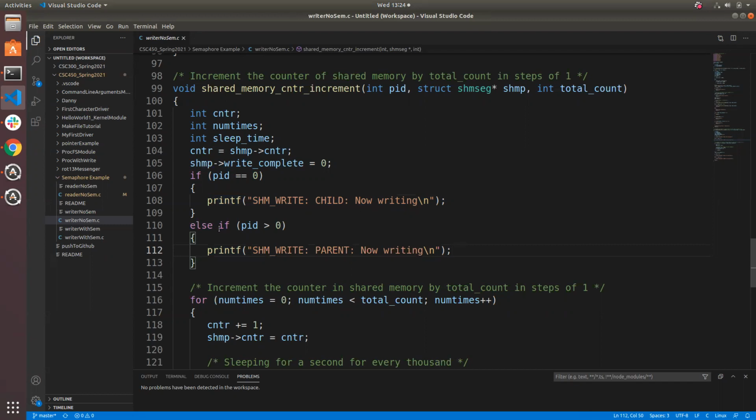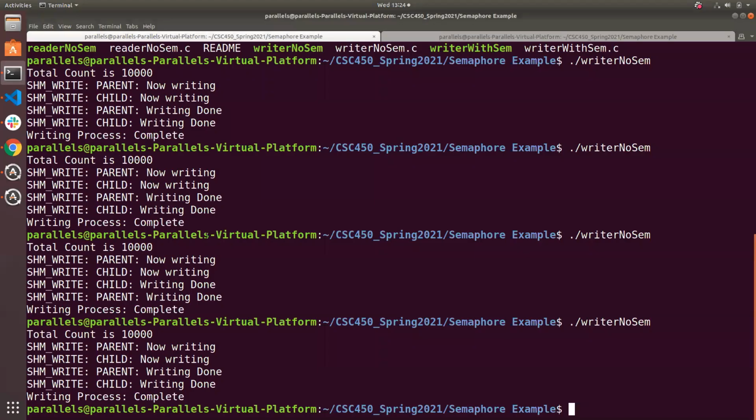Whoever comes in first, I think we saw the parent pretty consistently came in and said they were writing first. So that means the parent was jumping off the CPU first every single time. Now the child was also doing it, but then they have to get back in line, and there's no guarantee for multiple cores who gets scheduled next necessarily.